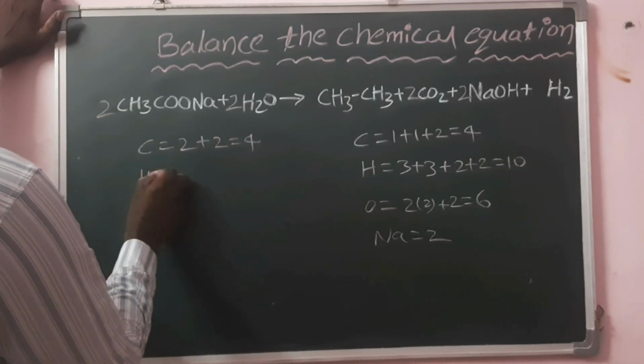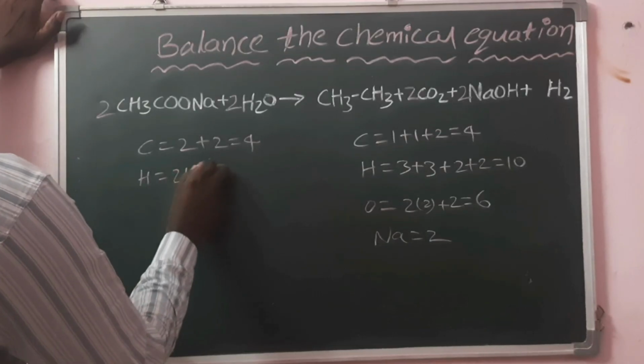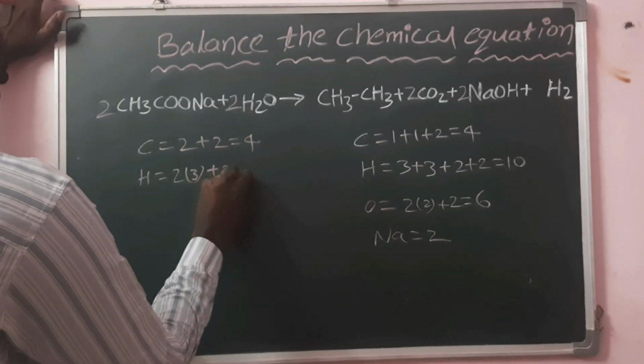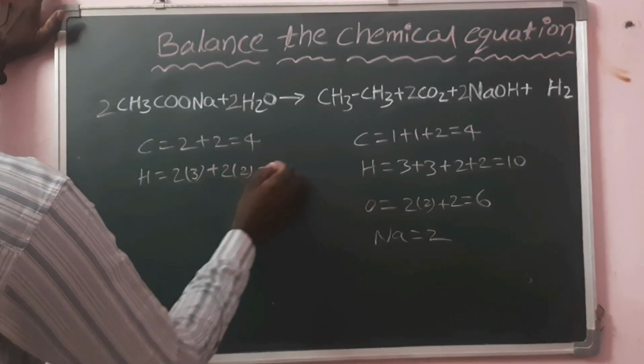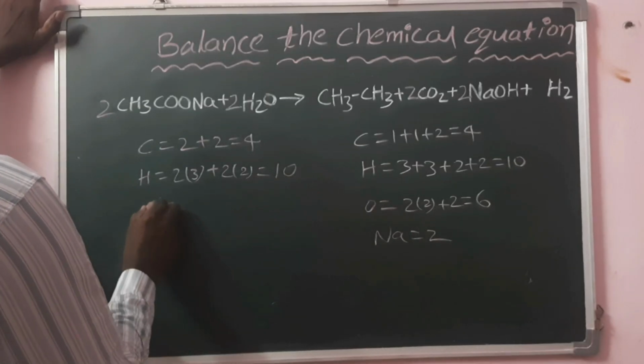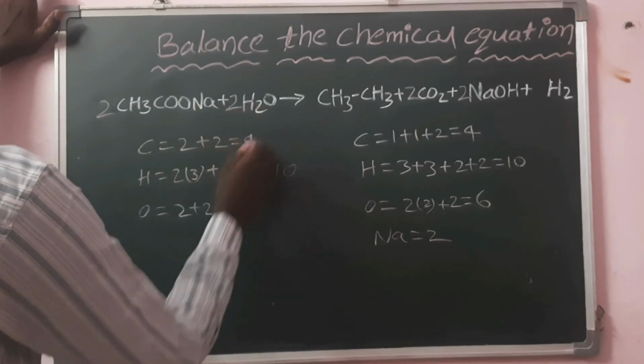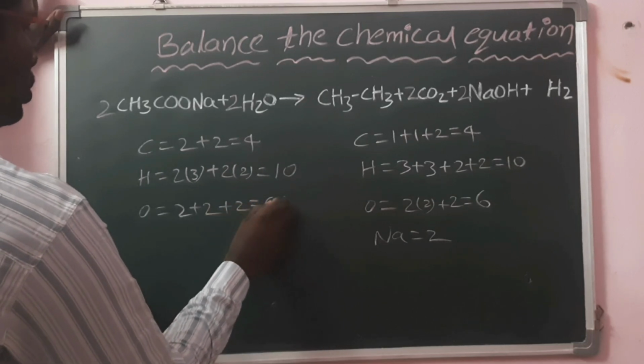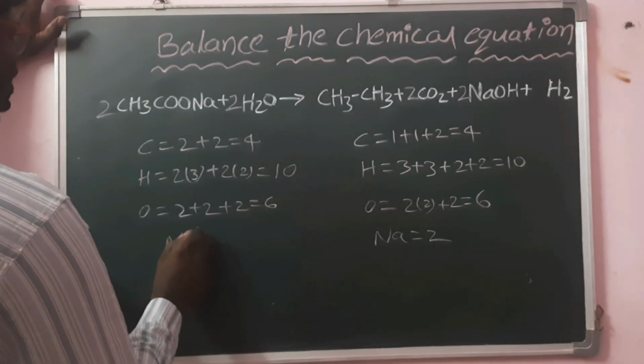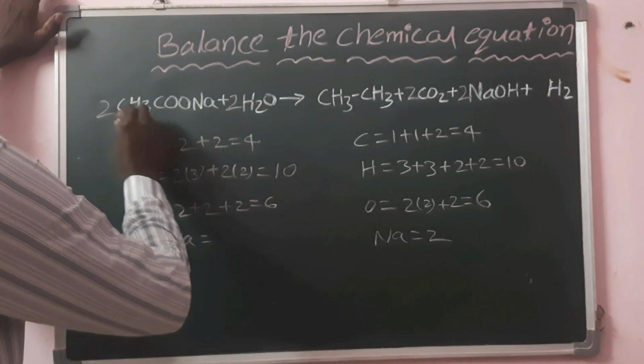The number of hydrogen atoms is 2 into 3 plus 2 into 2, that equals 10. The number of oxygen atoms is 2 plus 2 plus 2, that equals 6. The number of sodium atoms is 2.